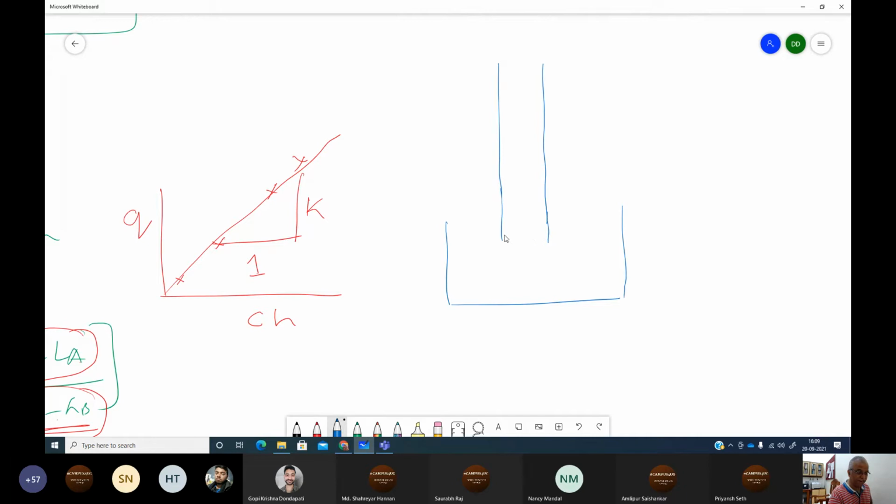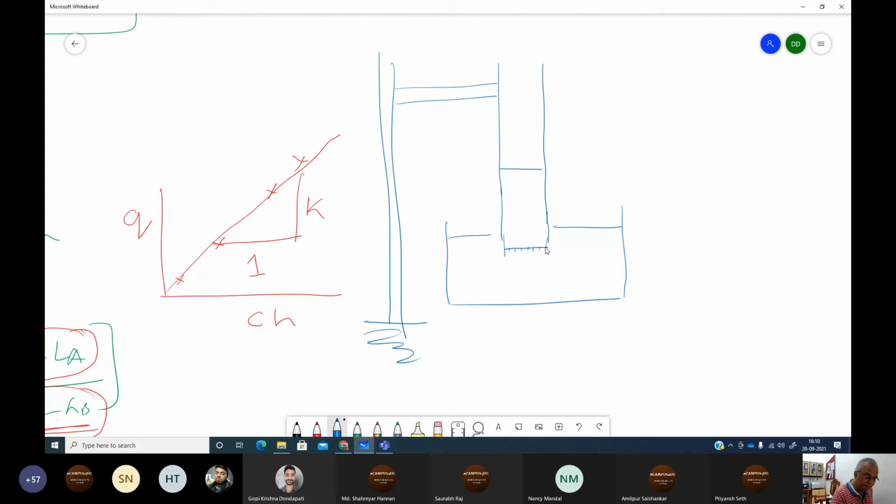This is a pipe, and this pipe is held here by a stand. Now this is the water bath.